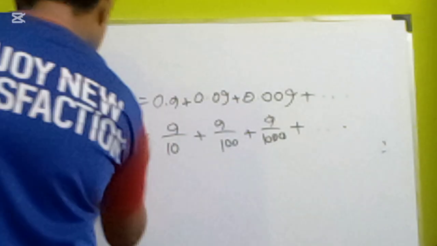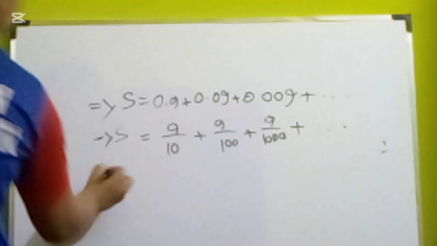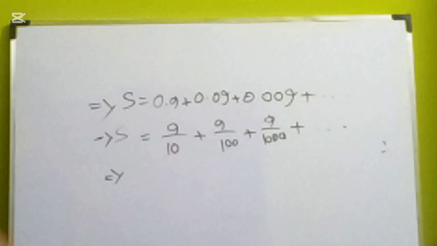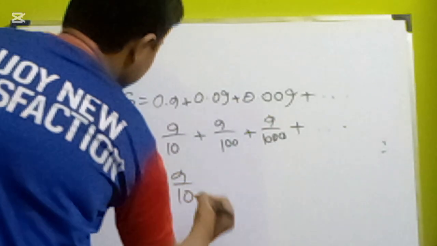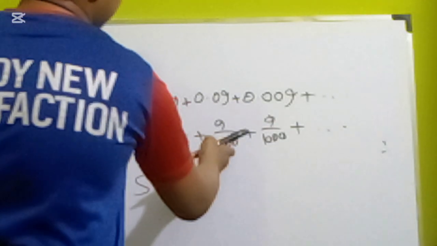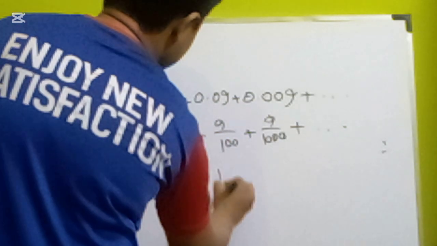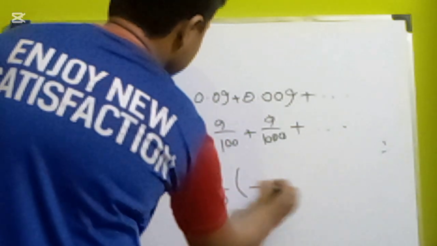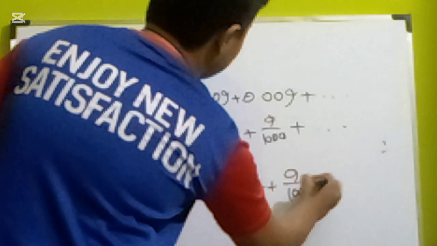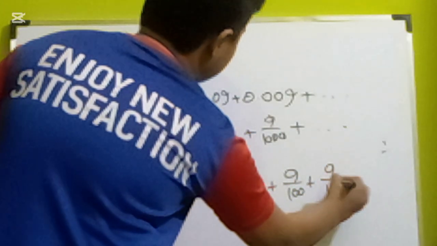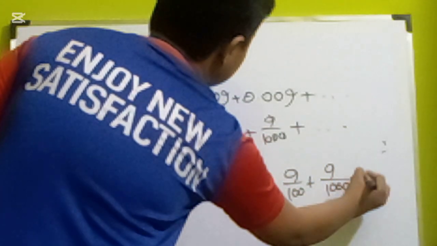Now here comes our infinite series formulation, or I'll use just basic algebra. S equals 9 by 10 plus, take 1 by 10 as a common factor. This is going to be 9 by 10 plus 9 by 100 plus 9 by 1000 and so on.